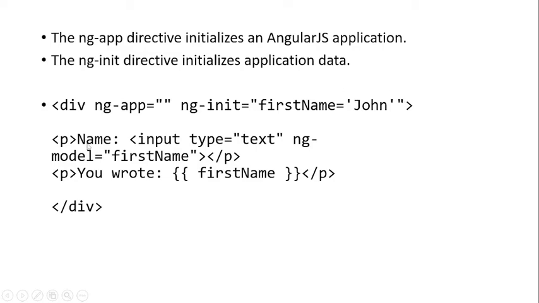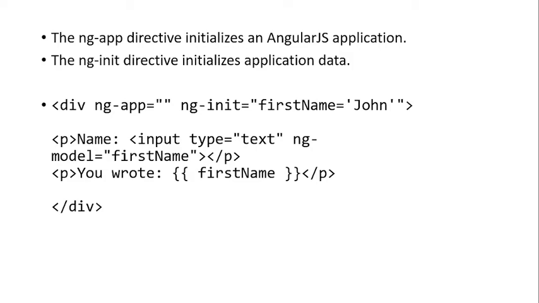In the next line, you can see name is the label and input type is equal to text. So I am going to include a text box there, which will be presented on the output screen. I am going to print the value of firstName with the help of data binding.